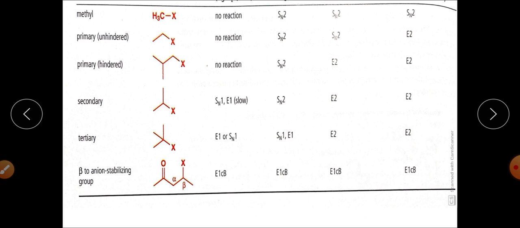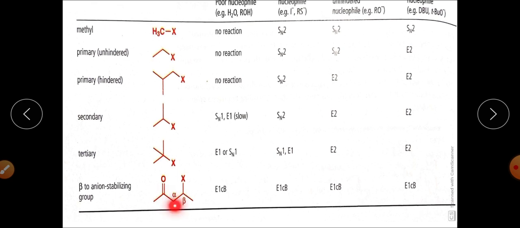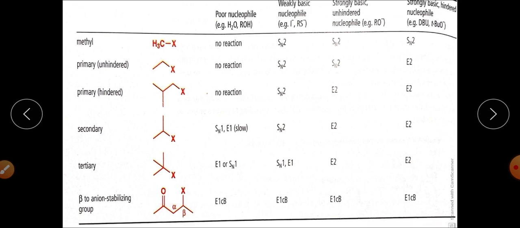At that time, my dear student, you can clearly see that in all the parameters, all the conditions, only one reaction will be followed, and that reaction is E1CB, elimination unimolecular conjugate base reaction, because here this hydrogen, for example we are talking about this particular substrate, can be eliminated and this will form the C negative, and you can see that C negative will be stabilized by this particular carbonyl group.